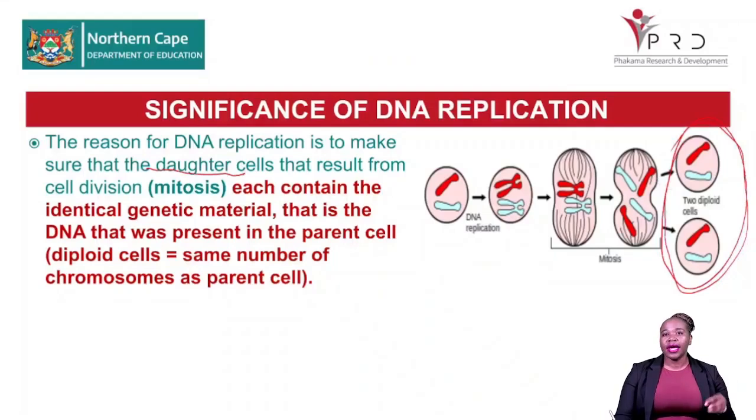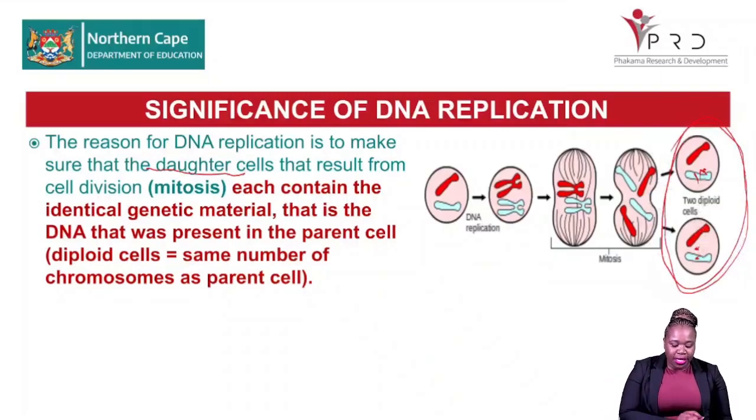Now, if we look at DNA replication, it produces DNA molecules that are genetically identical. Mitosis produces cells that are genetically identical. Now, the DNA, the genetic material, found within these two cells is also supposed to be genetically identical.